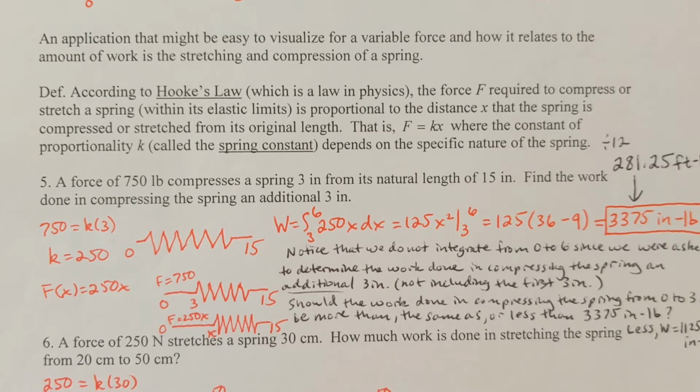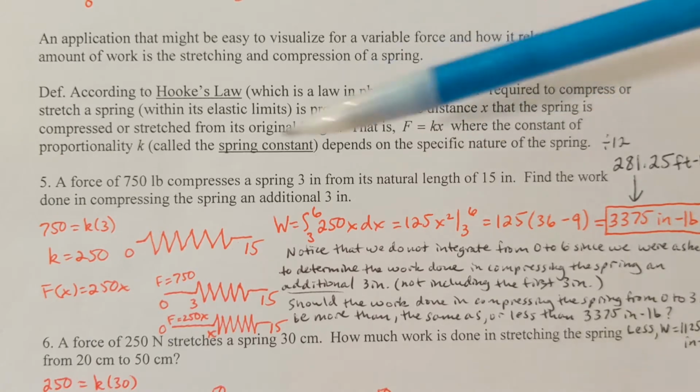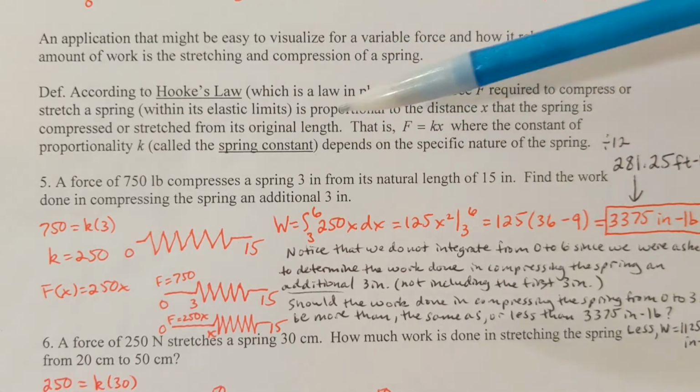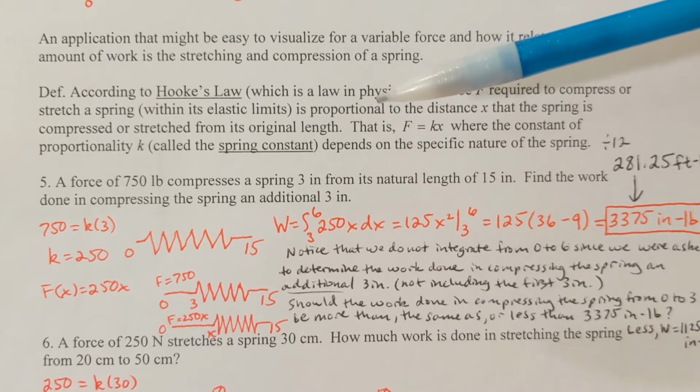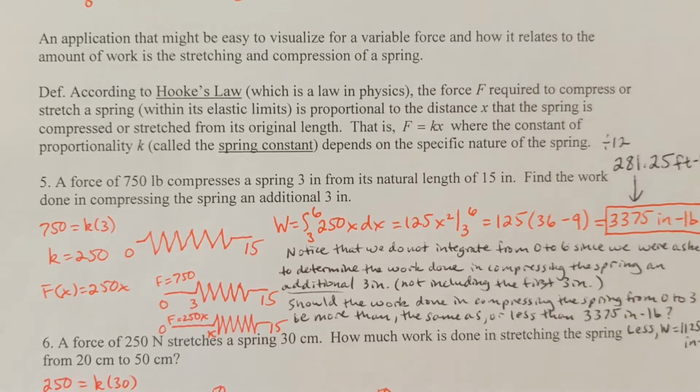According to Hooke's law, which is a law in physics, the force F required to compress or stretch a spring within its elastic limits is proportional to the distance x that the spring is compressed or stretched from its original length. That is, F equals k times x, where the constant of proportionality, k, is sometimes called the spring constant, and depends on the specific nature of the spring.